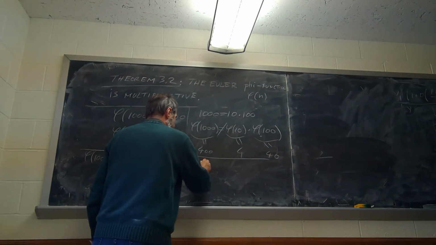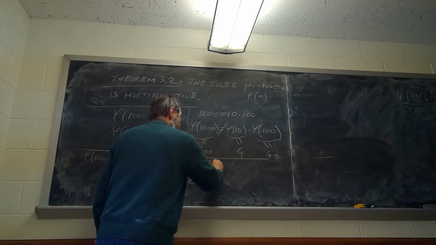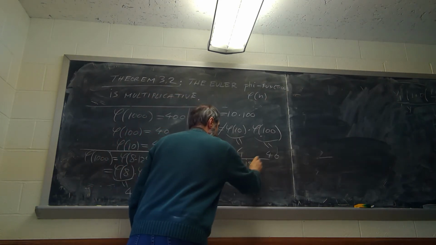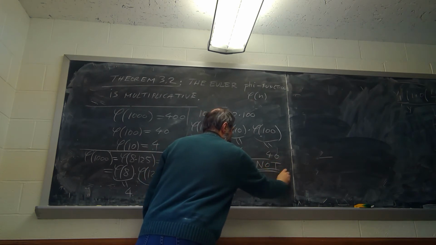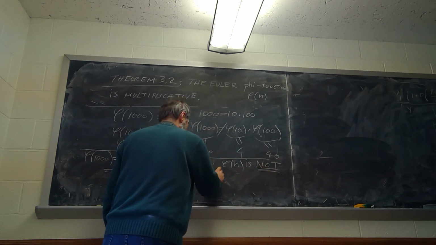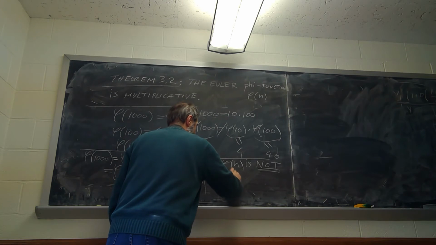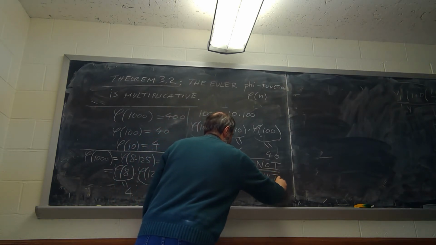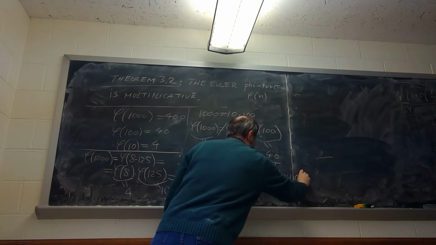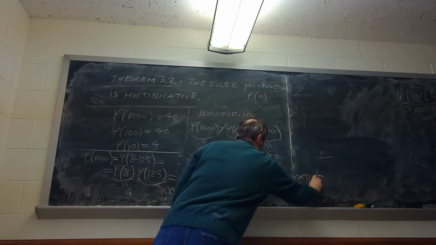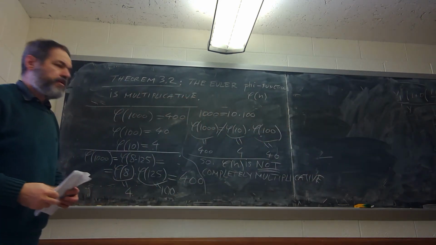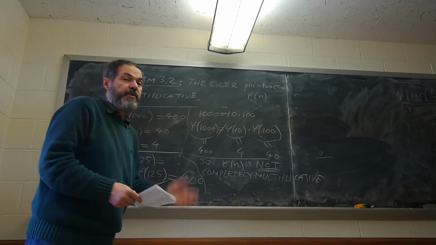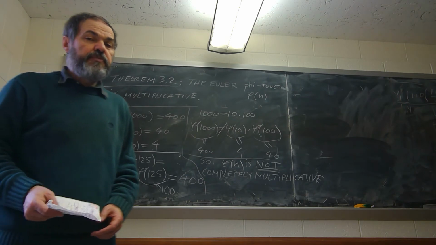So Euler function is not completely multiplicative. That's one thing about this. An example of a function that is multiplicative, but it's not completely multiplicative.